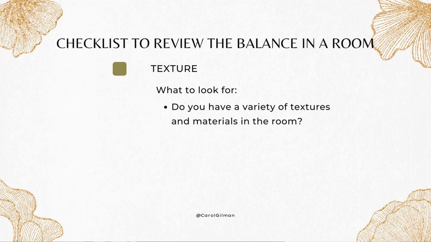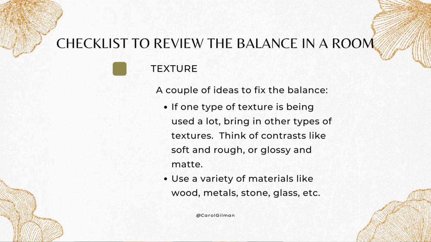Get a sense if there is a nice balance between some different types of textures and different materials in the room. And if there isn't, how can you change things up a little bit? By bringing in some different fabrics or bringing in a different texture or material of a piece of furniture. Anything to add more variety to that space, just by thinking about texture, will make a big difference.